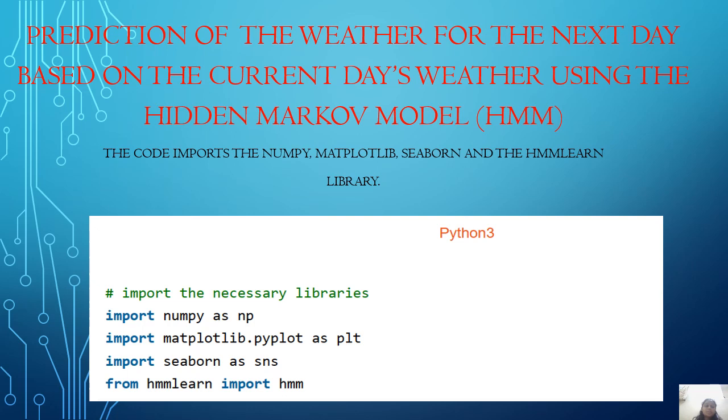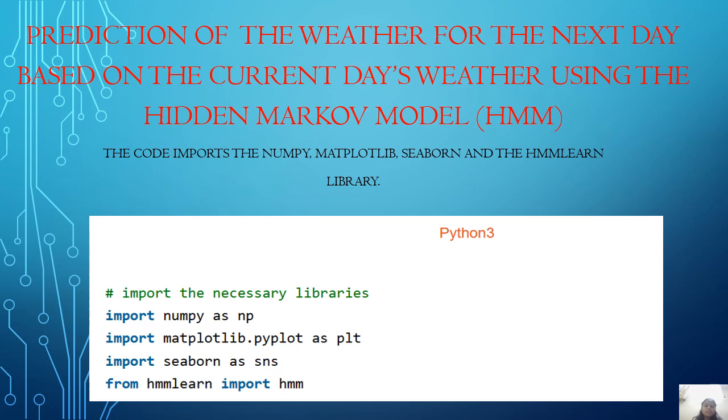First, import the necessary libraries, which is a command line. Then we go to the next line. We use import numpy as np. So in the whole program, the numpy array can be used as np, which is used to store multidimensional arrays. Then we go to the second line, that is import matplotlib.pyplot as plt.